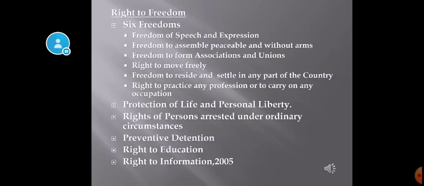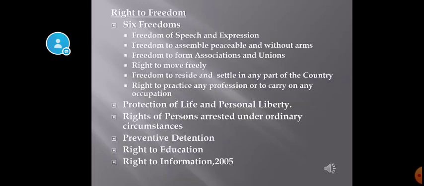So, the Preventive Detention Act tells you how a person can save himself. Preventive detention is detention of a person without trial. The object of preventive detention is not to punish a person for having committed a crime but to prevent him from doing so.